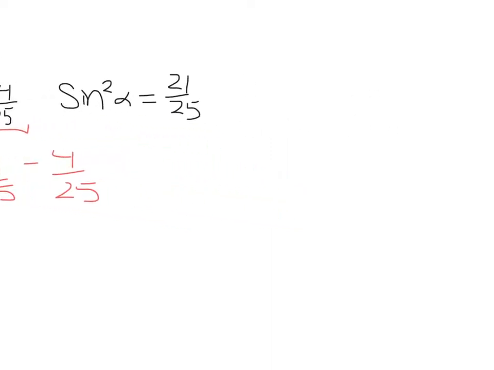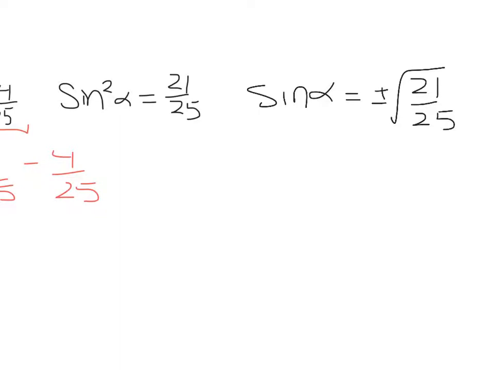Now I'm going to take the square root of both sides. So the sine of alpha is equal to plus and minus the square root of 21 over 5.